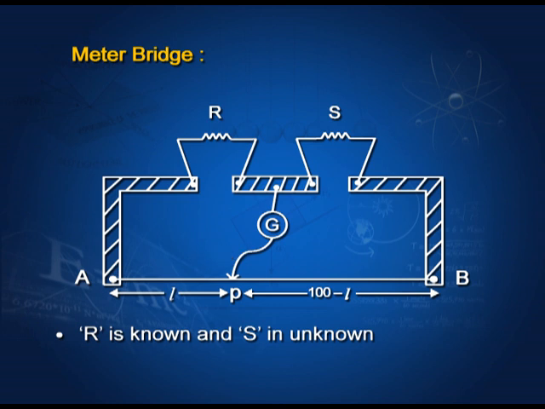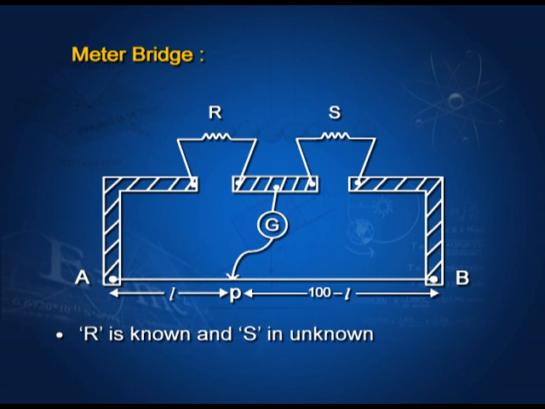We tap the jockey first at point A, then at point B. The galvanometer should show the deflection in opposite directions. We move the jockey between A and B in such a way that we get a point where the galvanometer shows zero deflection.